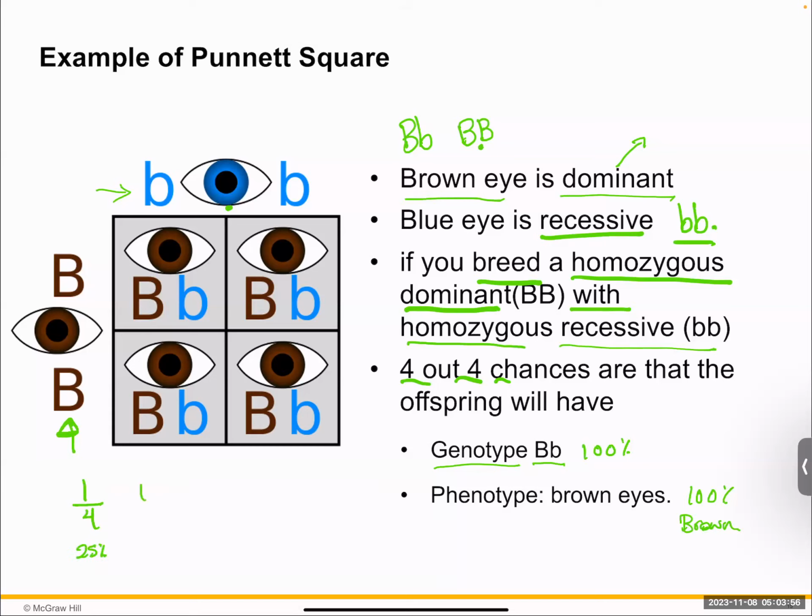If we say 1/2 or 2 out of 4, that means 50%. 3 out of 4 means 75%. And then 4 out of 4 implies 100%. So I can depict this data in both ways, either as a fraction or as a percentage. So do keep that in mind.